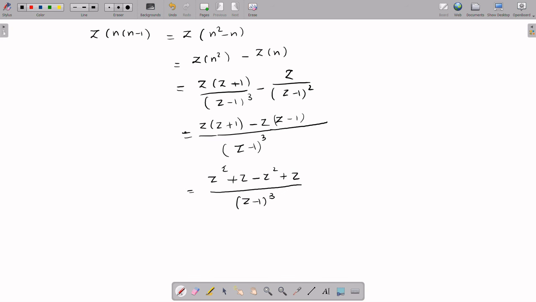So minus z squared plus z squared get cancelled, and the final answer here is 2z divided by z minus 1 the whole cube.